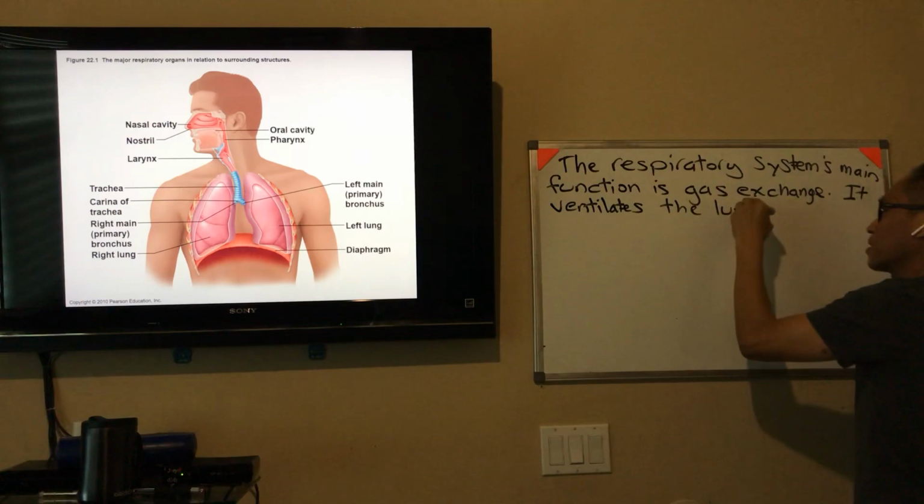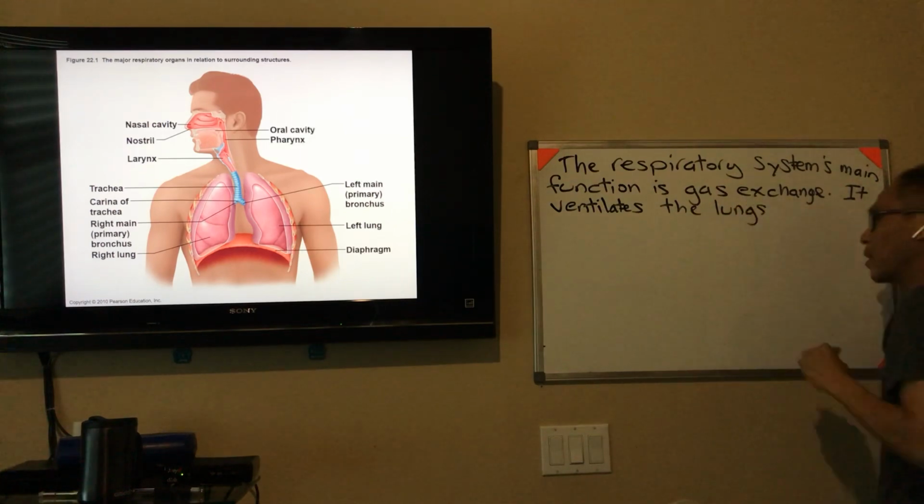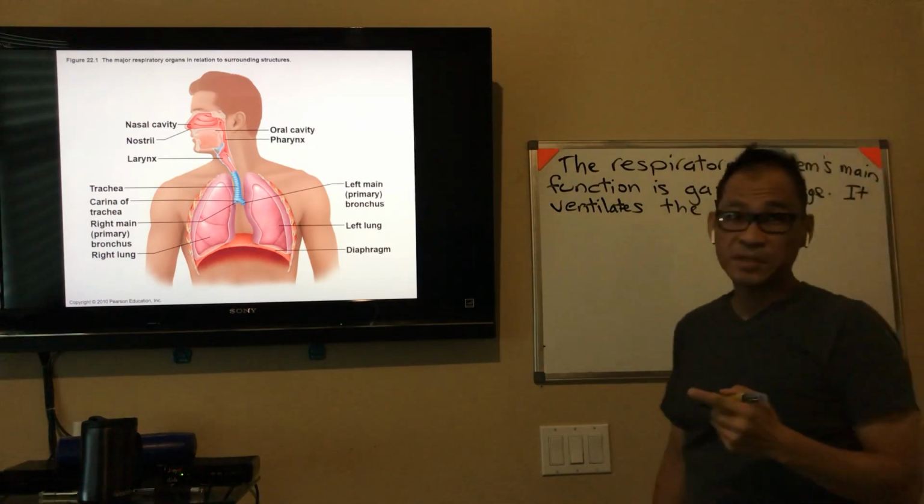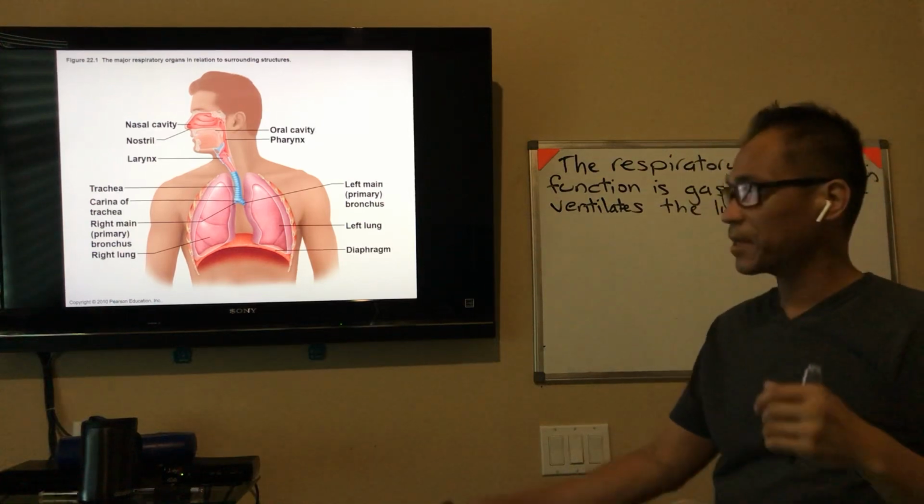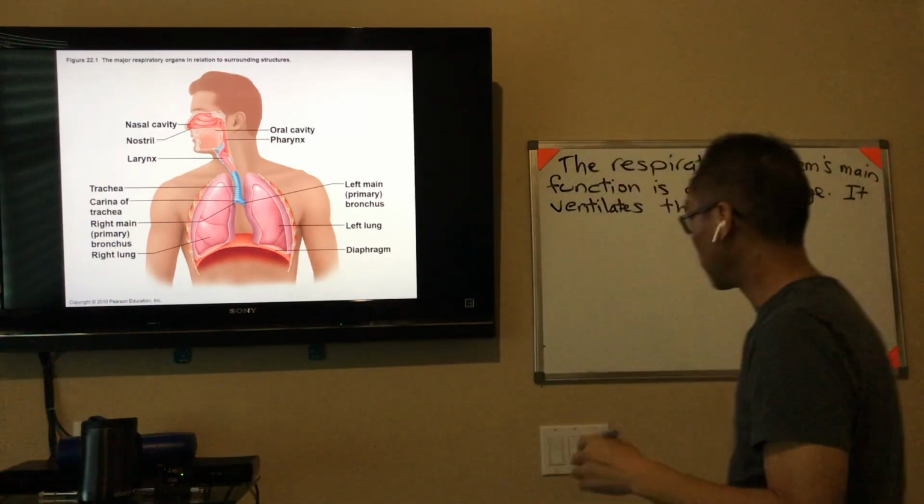Now, when I say it ventilates the lungs with fresh air, pretty much it's the alveolar spaces, these microscopic air sacs that you can't see obviously here, but we'll take a look at that in histology.